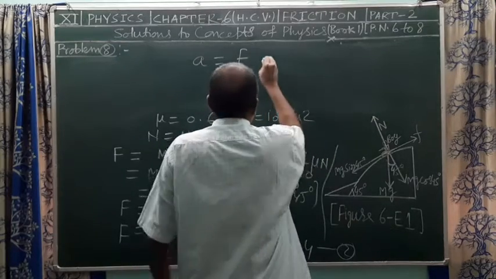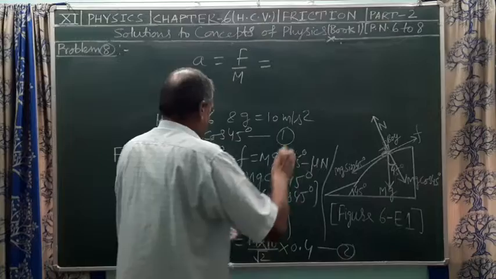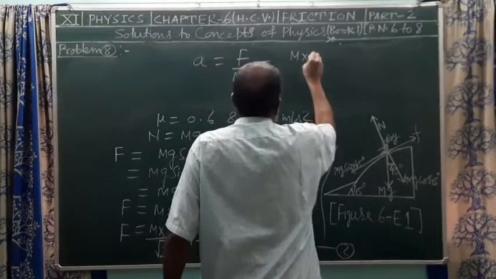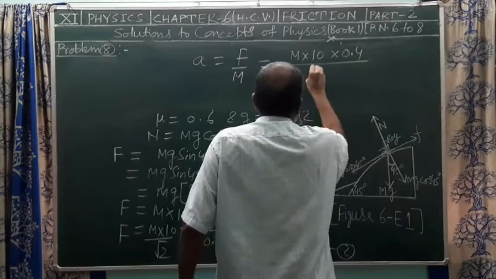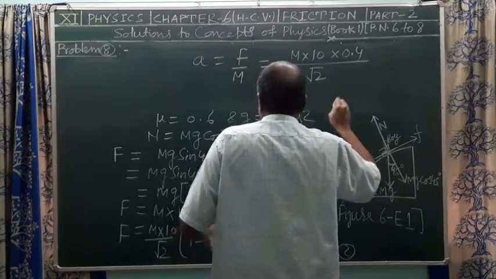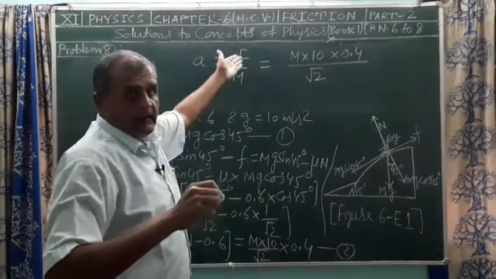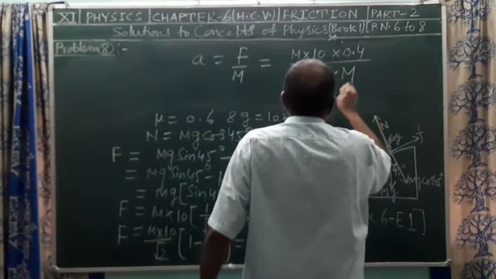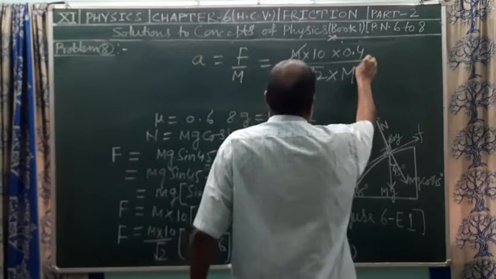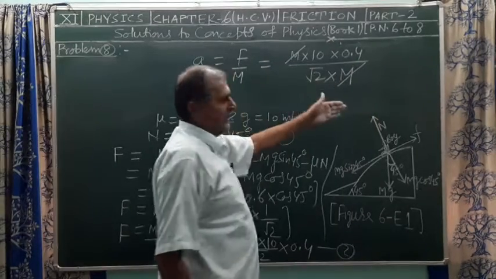We have already obtained F is equal to m multiplied by 10 multiplied by 0.4 upon root 2. This is the value of F, divided by m in the denominator. M in the numerator and also in the denominator will cancel out.